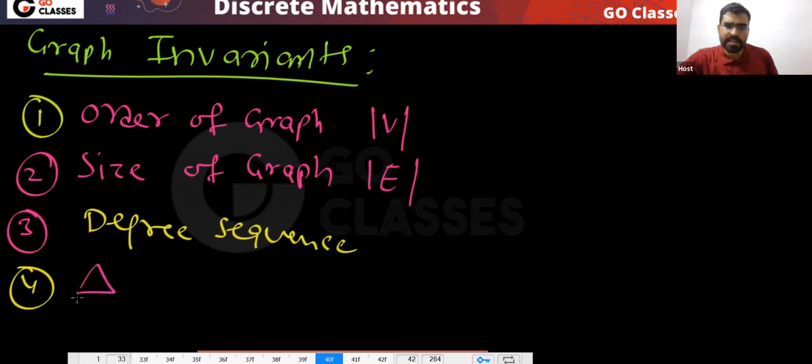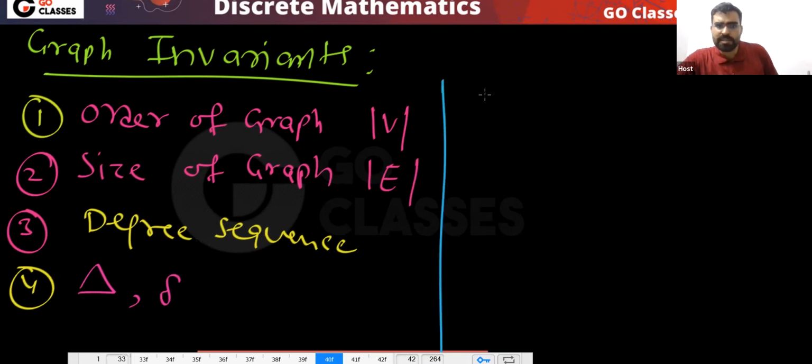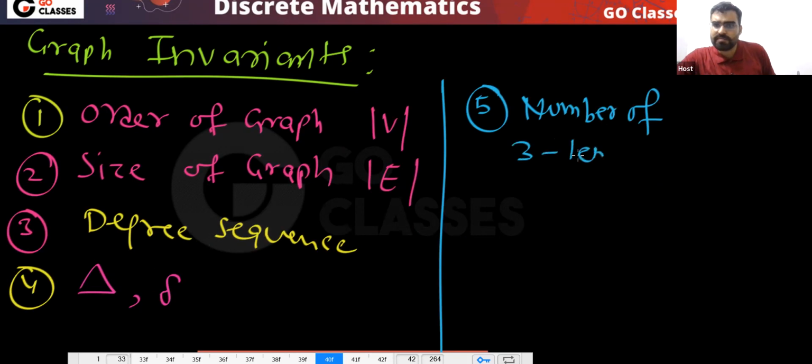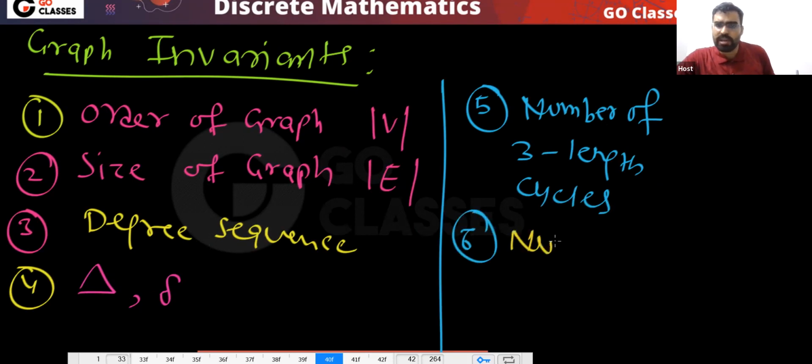I can also say the maximum degree and minimum degree must be the same. What else? The number of three-length cycles must be the same. The number of k-length cycles must be the same, like 4-length, 5-length.